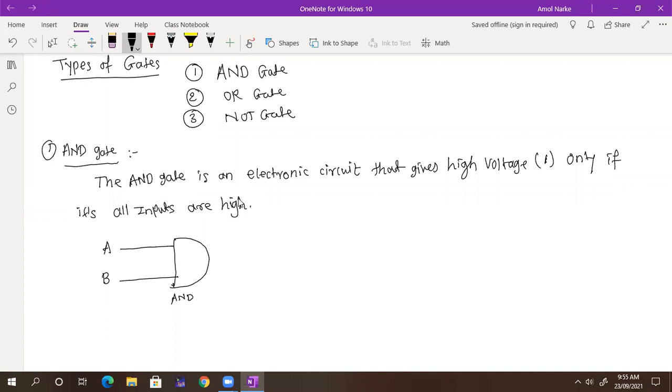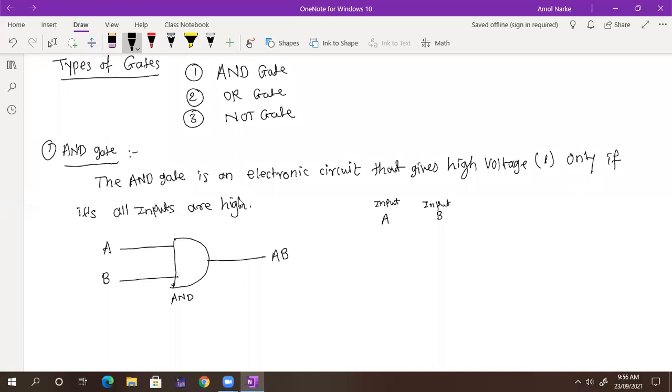What is the definition of a gate? We have one or more than one inputs and only a single output. So I have one output. That output here we denote by AB or A dot B. And what is the truth table of that? Suppose I have input A, and here I have input B. So what are the possible values A and B have?